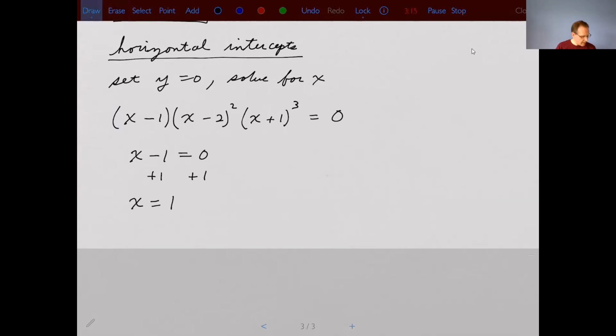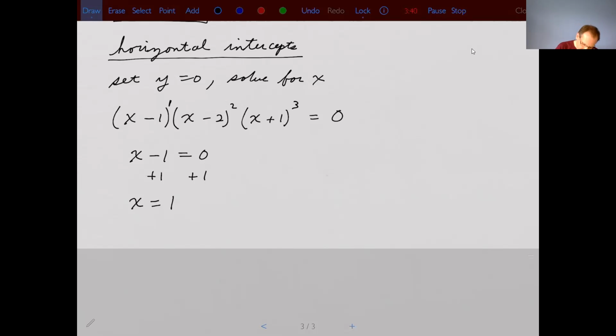And since it's coming from a factor that's raised to the 1 power, you can think of this as raised to the 1 power here, then some people call this a single root or a single zero. The x coordinates of the horizontal intercepts are also called zeros, right? It's where the y is equal to 0.